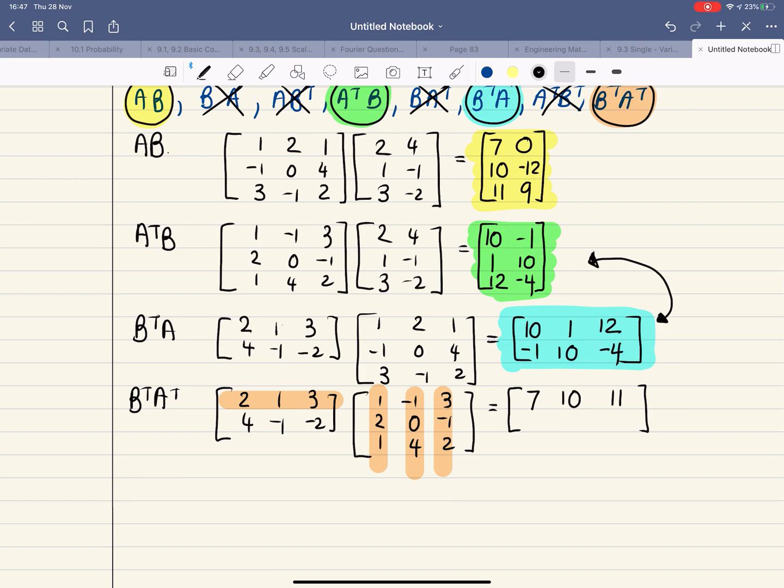What you've got, and this is not a coincidence, it's a fact, is that A transpose B is B transpose A transposed. Sorry, yeah, that's a fact.